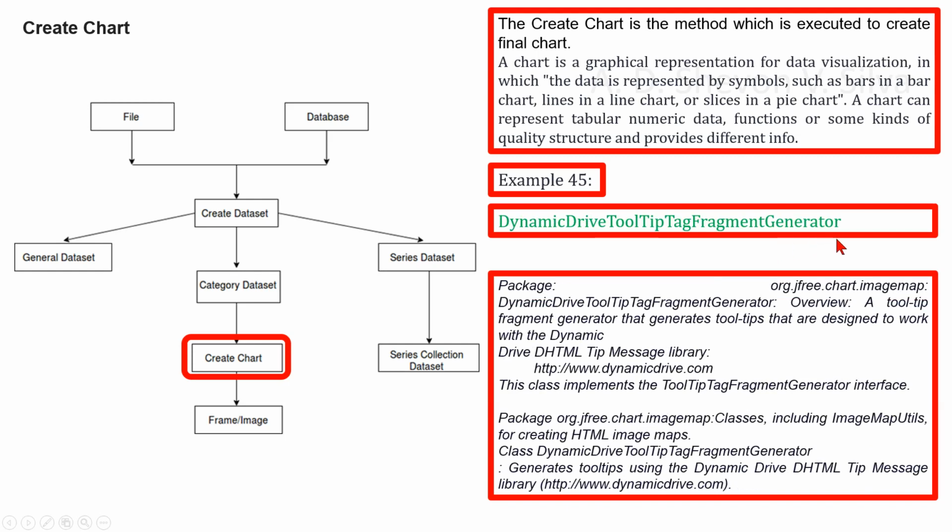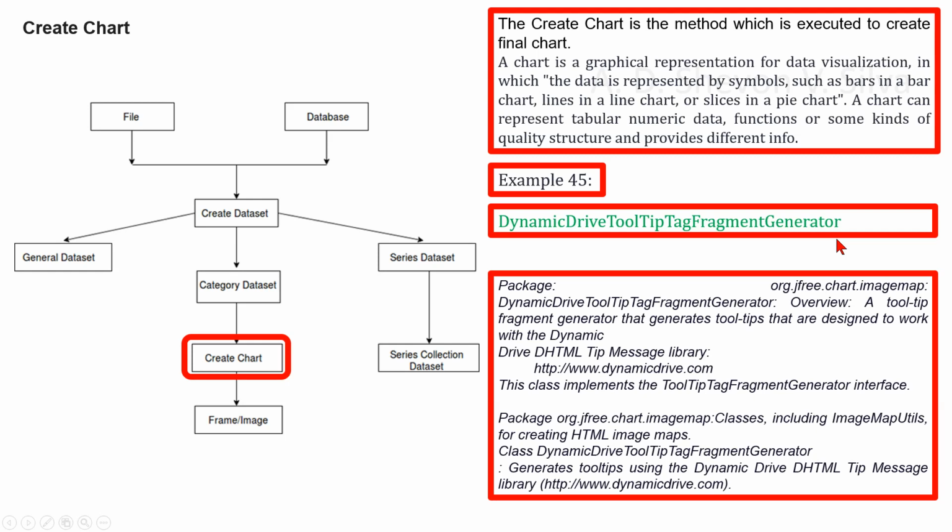Overview in DynamicDriveToolTipTagFragmentGenerator in package org.jfree.chart.imagemap: a tooltip fragment generator that generates tooltips that are designed to work with the Dynamic Drive DHTML tip message library, www.dynamicdrive.com.